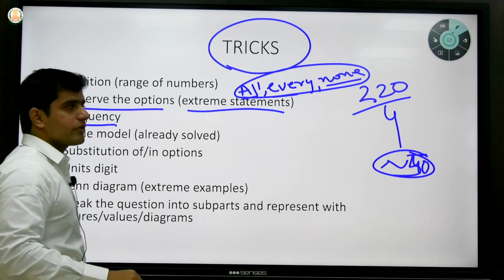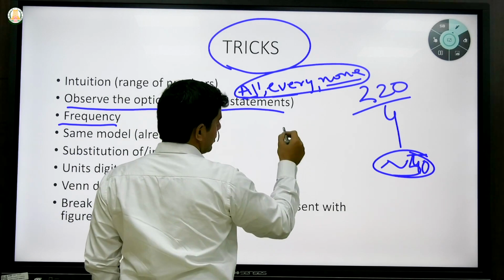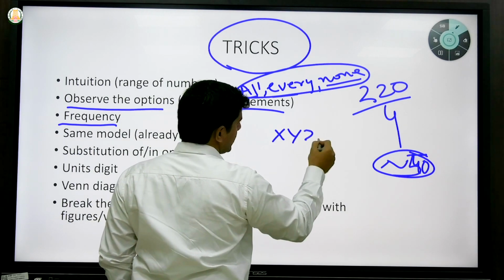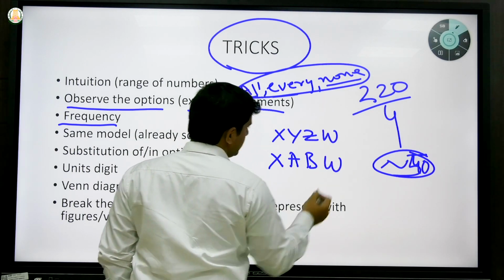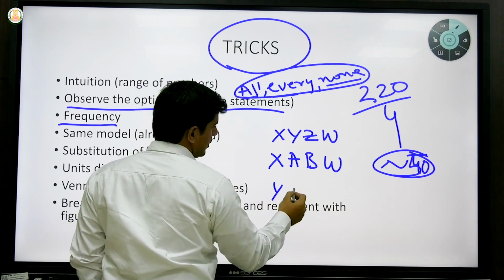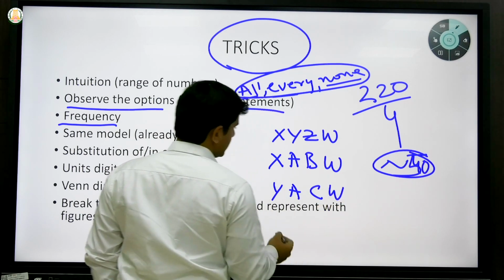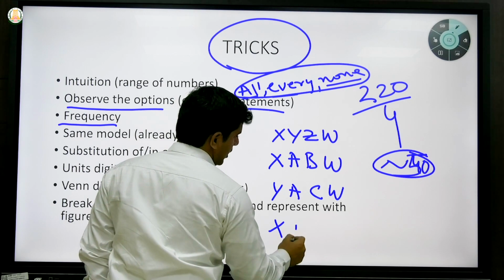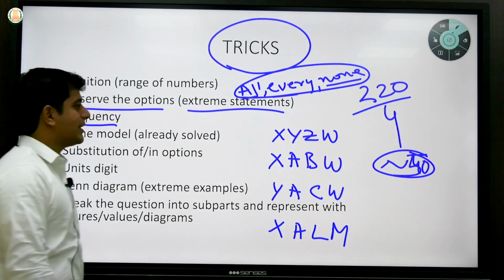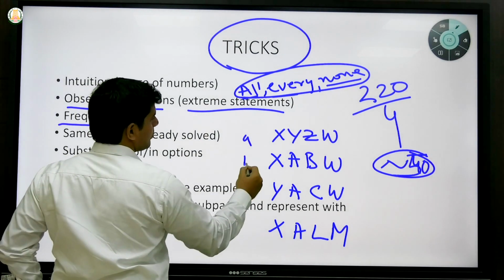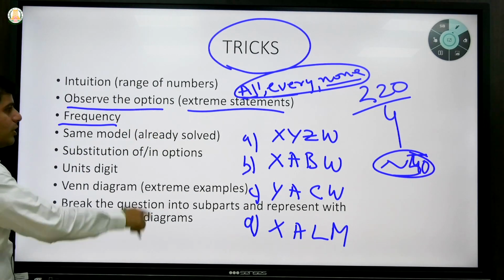Next is frequency. This also we have seen, like in the options. Let's say, I don't know the answer, but I'm telling you, let's say X, Y, Z, W, X, A, B, W, then you have Y, A, C, W, then you have X, A, L, N. Let's say this is option A, option B, option C, and option D. Now I don't know the answer, but I only know the options.